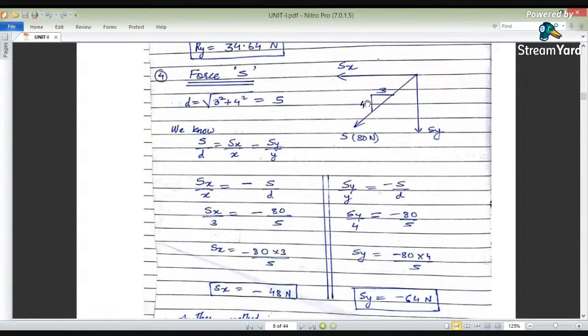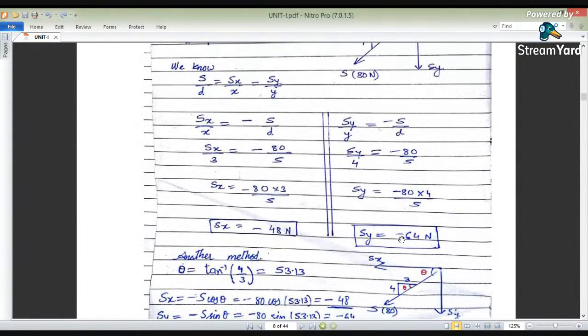Y, as given in this case, is 4. That is equal to minus S, which is this 80 newtons, divided by the distance d, which we have already calculated as 5. In this way, by these calculations, we have calculated Sy as minus 64 newtons.